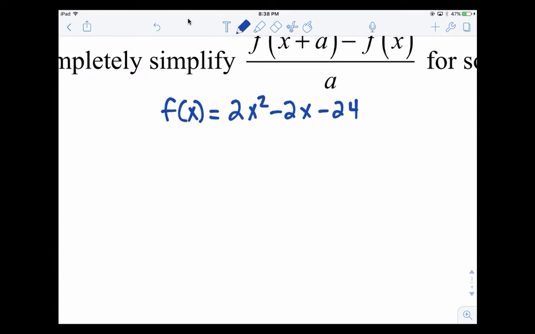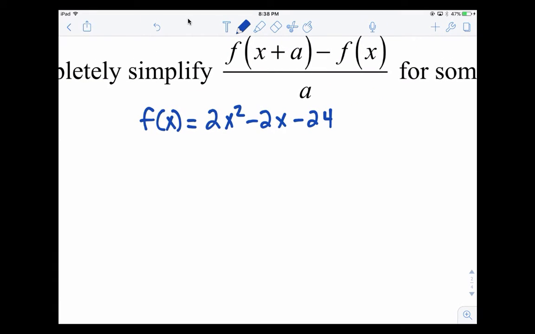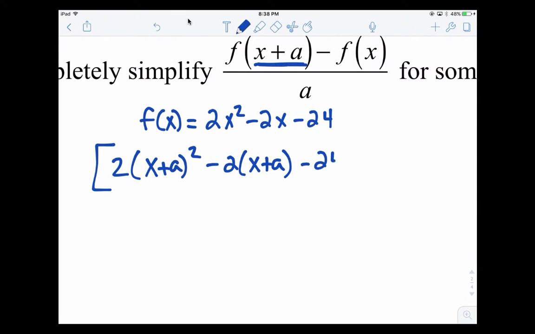If I'm going to follow the formula, anywhere that I see an x term, I'm going to replace that with x plus a. So the first part, you have 2, and instead of x squared, it's x plus a squared, minus 2 parentheses x plus a, minus 24.